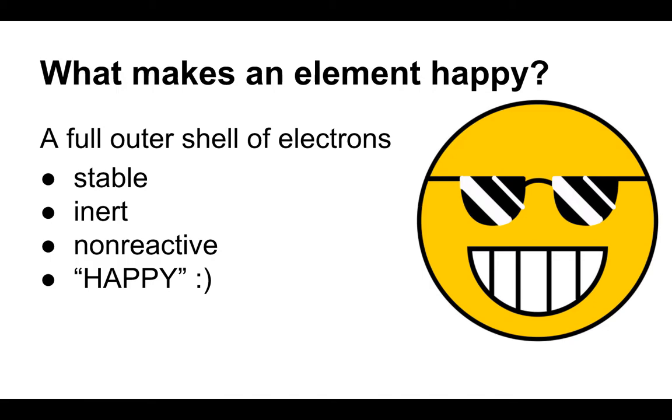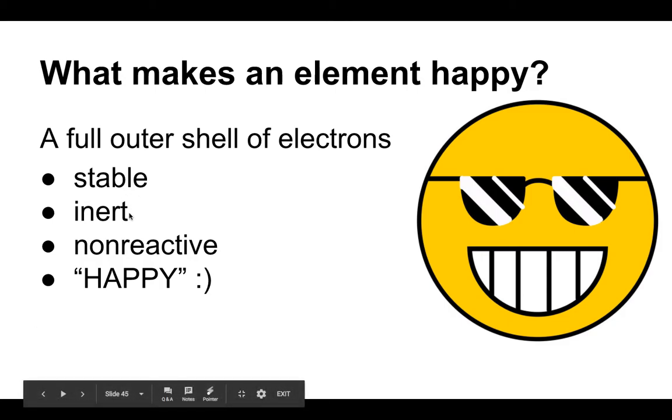Now, I need to talk to you a little bit about why valence electrons are important to elements. And on my slide I say, what makes an element happy? And you're probably thinking, Miss Slabosky, elements don't have feelings. They don't have brains to have feelings. Well, you're right, but I sometimes like to use this emotion to describe elements that are stable, inert, and non-reactive.